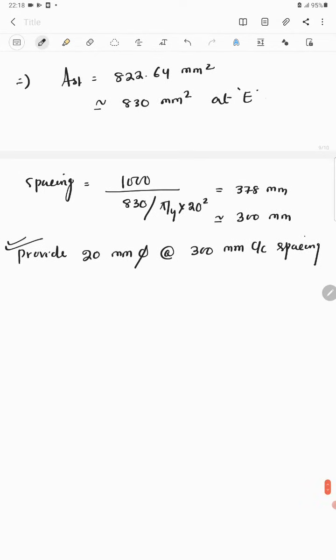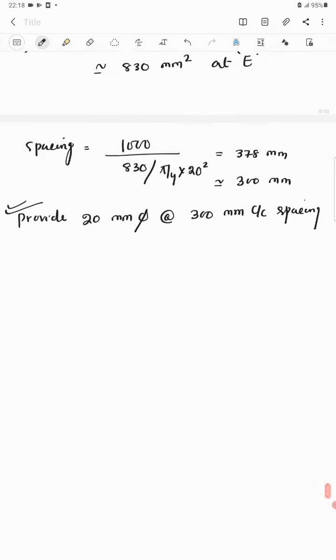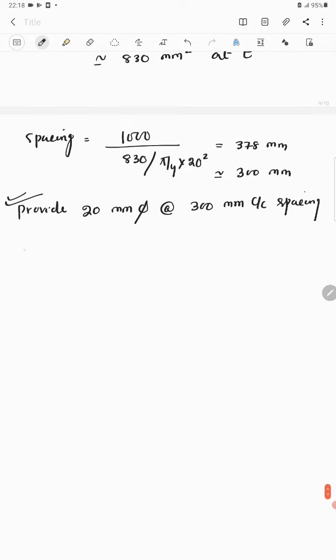Now, what is the distribution steel, perpendicular to this?